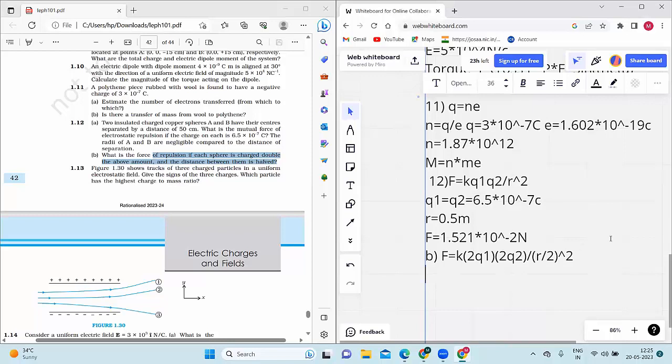So it will become 16 times: the numerator is 4 times, and from the denominator, 1 by 4 comes up in the numerator. It will be 16 times the initial value.